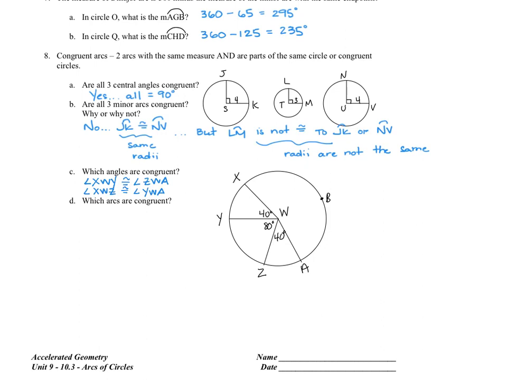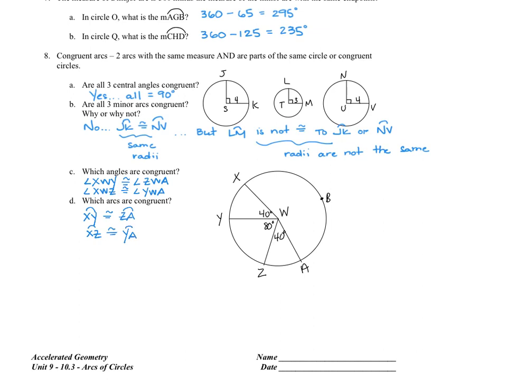When we talk about which arcs are congruent, we can talk about both minor arcs and major arcs. So from the angles that we've already said were congruent, we have minor arc XY congruent to minor arc ZA. And we also have minor arc XZ congruent to minor arc YA.